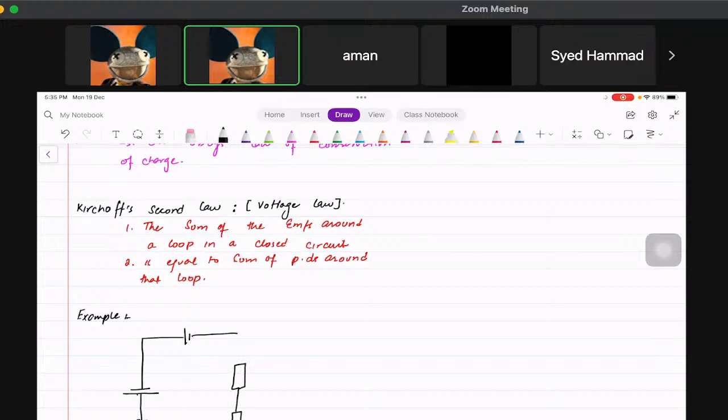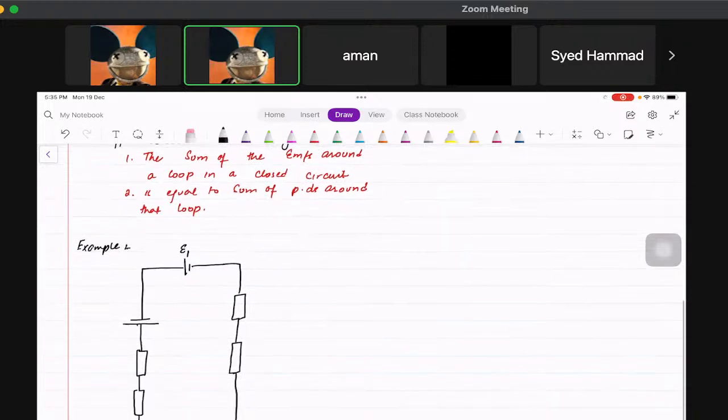And they say this is the EMF E1, E2, E3.